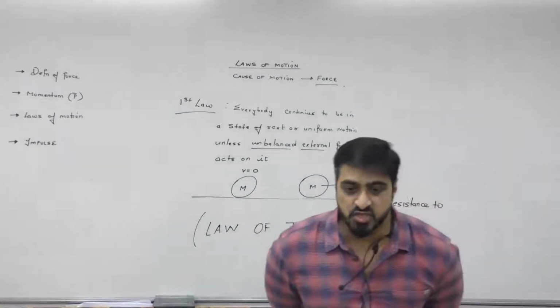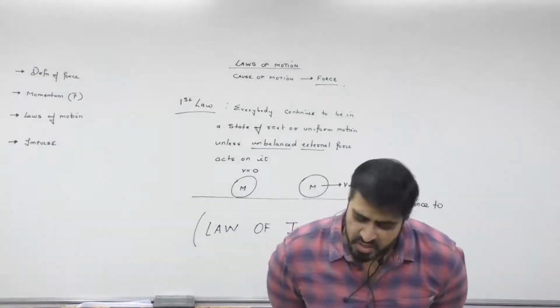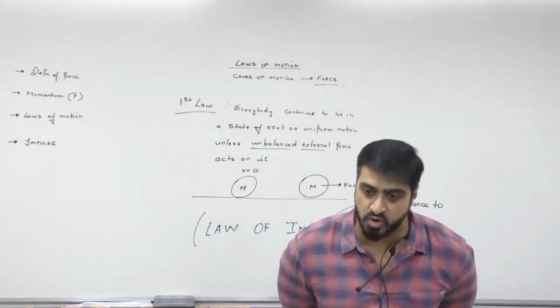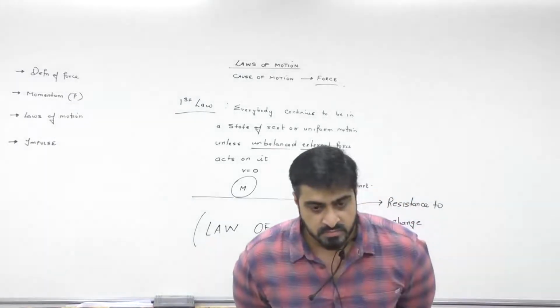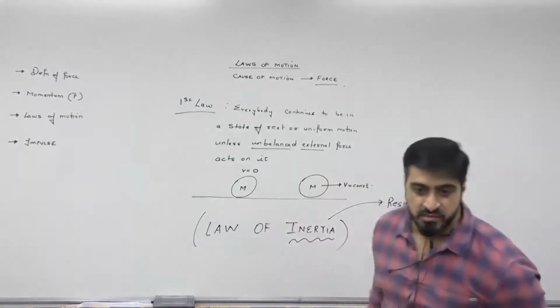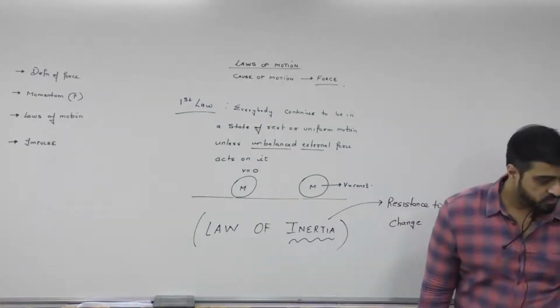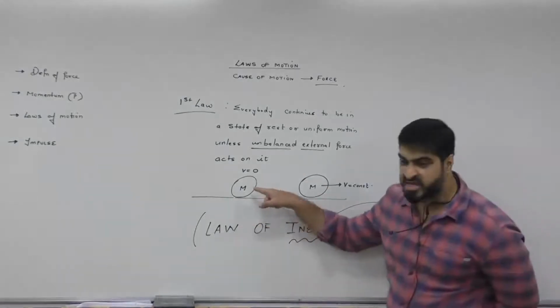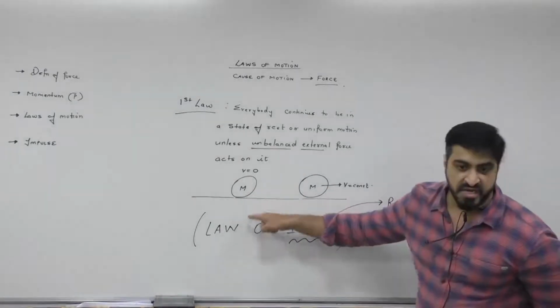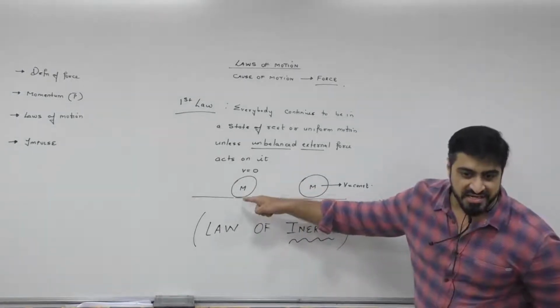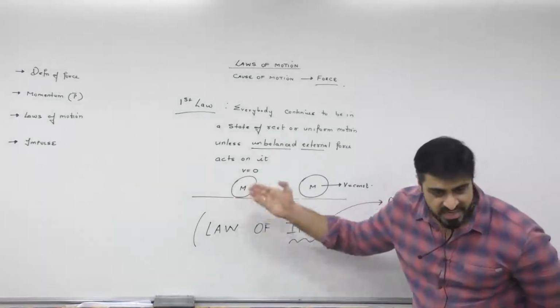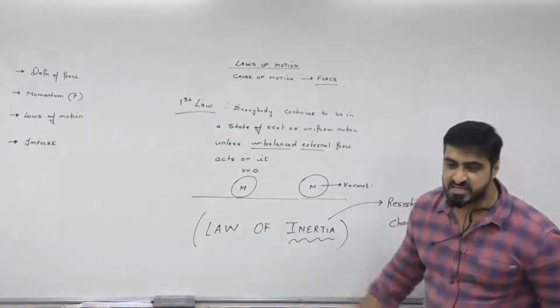This is called the law of inertia. It is applicable to everyone, whether it is a living body or a non-living body. It will oppose, showing inertia in some other method. His inertia is his mass. Greater the mass, greater the opposition. Lesser the mass, lesser the opposition.